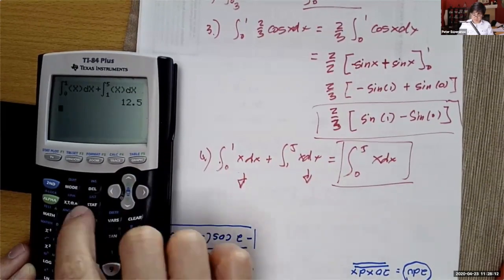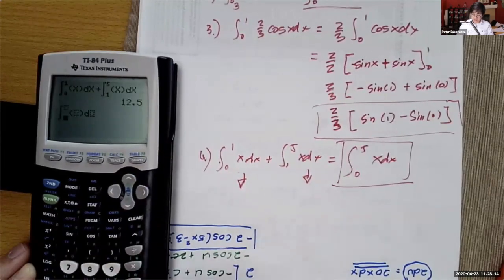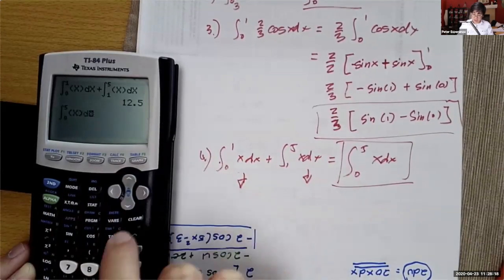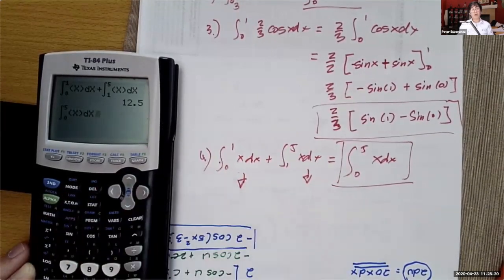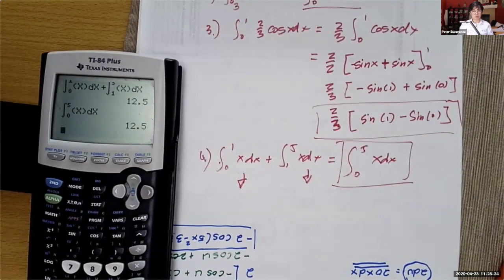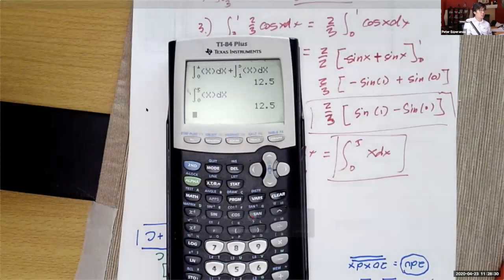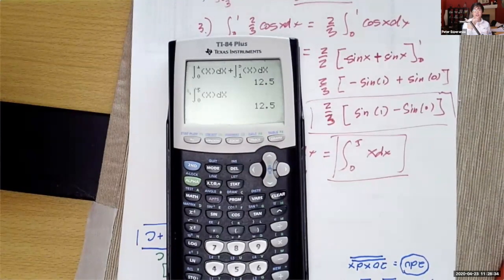But math 9, 0 to 5 of x dx, obviously it needs to be equal to 12.5, right? Boom, boom, boom, 12.5. So that is why you need to know your properties, because you need to know shortcuts. Well, not really shortcuts, but you need to know a mathematical proof on why your answer is such as that.